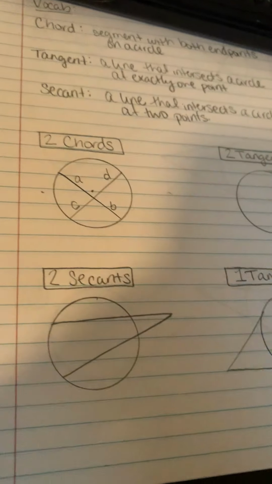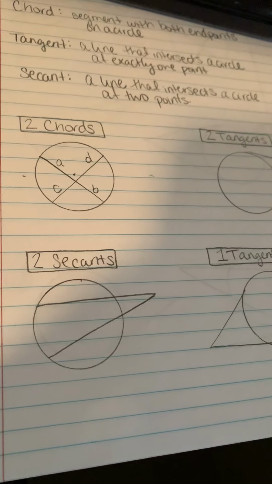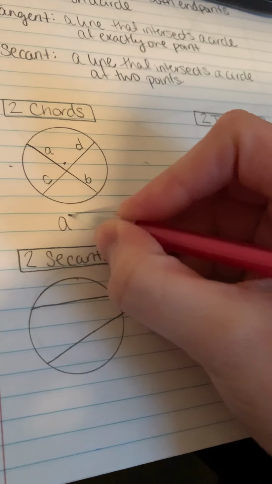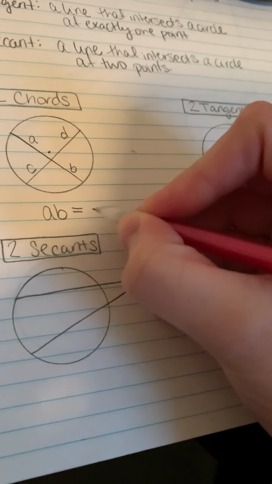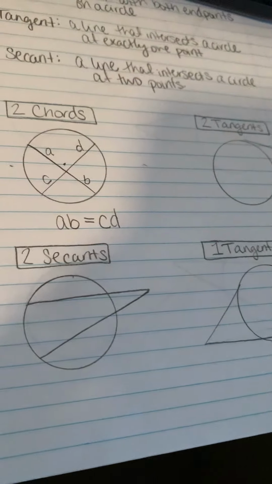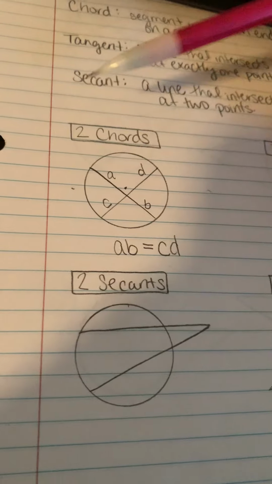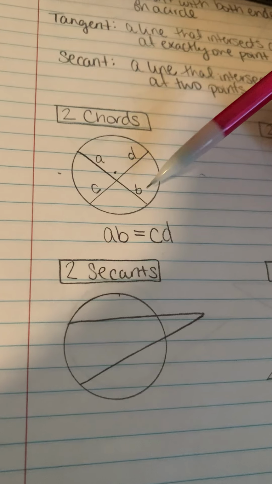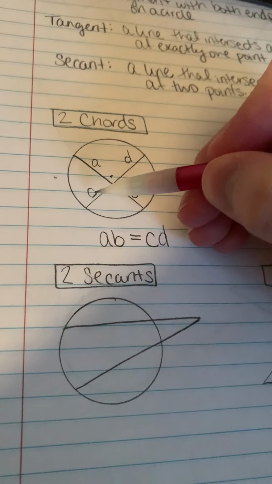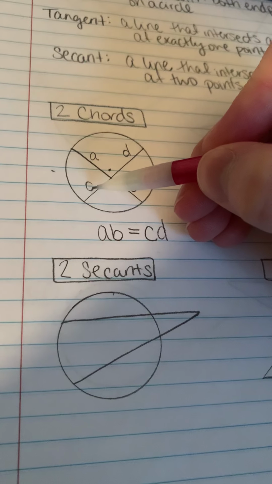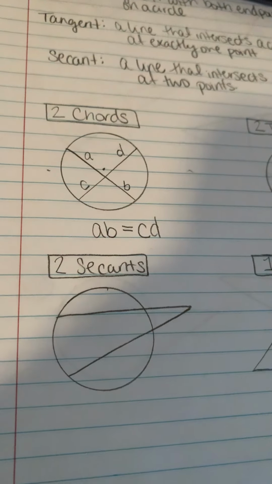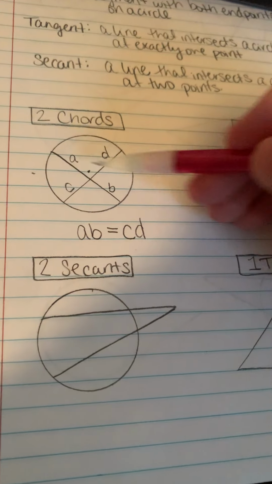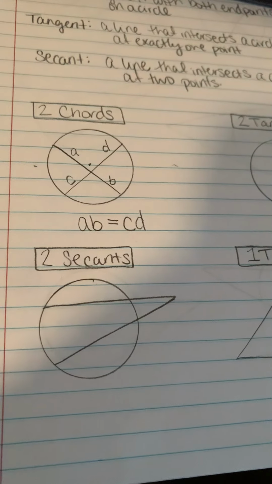So in order to solve when you have 2 chords, when you're missing a part, you're going to multiply A times B and set it equal to C times D. Okay, so in other words, you're going to multiply one part of a chord to the other part of the chord and set it equal to the other section of the other chord to the other section of that chord. Okay, so 2 chords, AB equals CD.